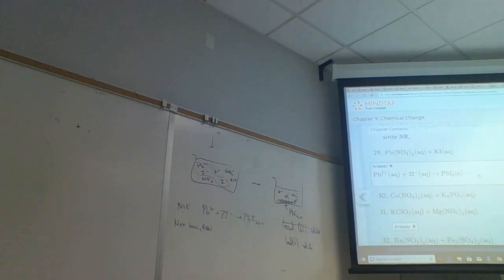All phosphates are insoluble except for group 1 and ammonium. Cobalt's not an exception, so this is actually solid. It's insoluble. Plus potassium nitrate, KNO3. Is that soluble? Yes. Is there a driving force? Yeah, the driving force for this is the precipitate here.